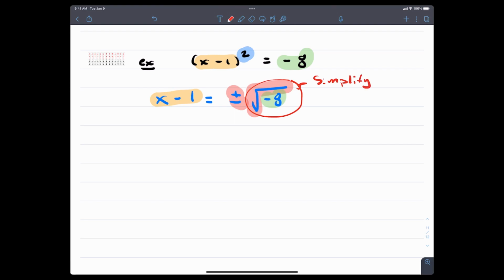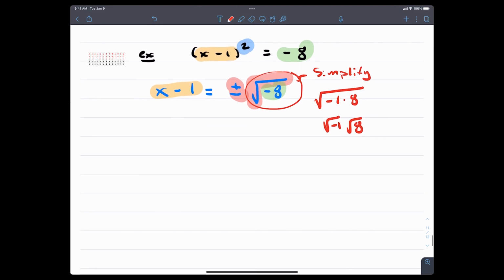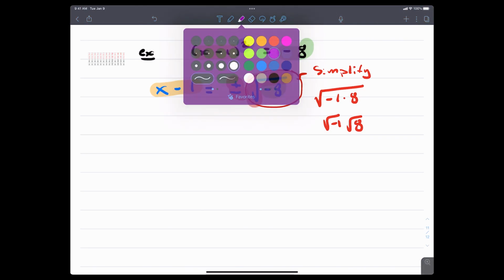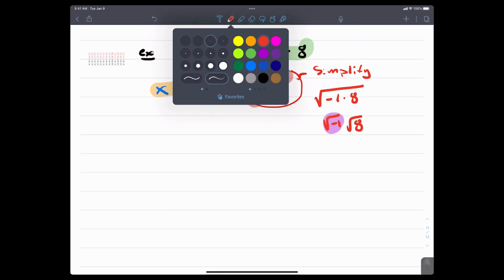Do you guys remember how to simplify the square root of -8? That was on your homework. If you don't remember, I suggest you do your homework again. That's what I used to do. Square root of -1, square root of 8. What's that -1 going to be? Good. Outstanding.